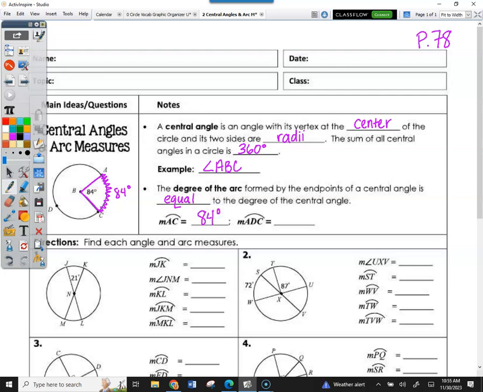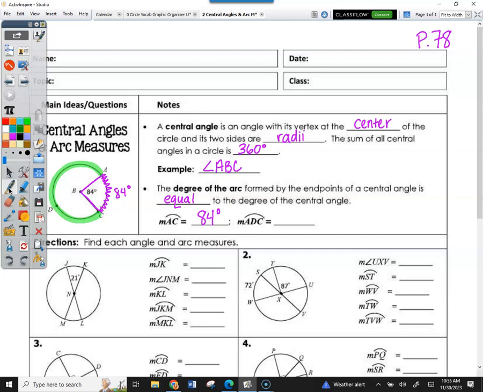Because arc AC is 84, you don't have to highlight this if you don't want to. You can just let me do mine. Notice the back side, A through D to C. Does that complete the circle? The green arc that I've drawn and my purple squiggly, does that complete the whole circle? Yes. If you put them together, you've drawn the whole circle. Almost looks like Pac-Man.